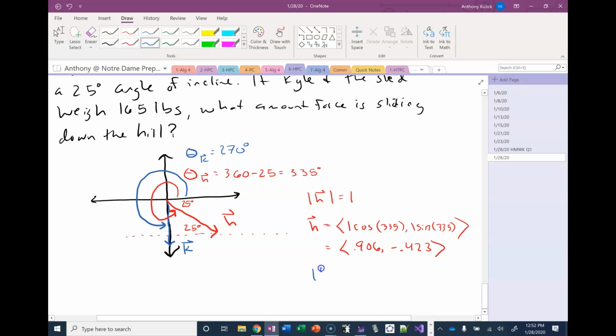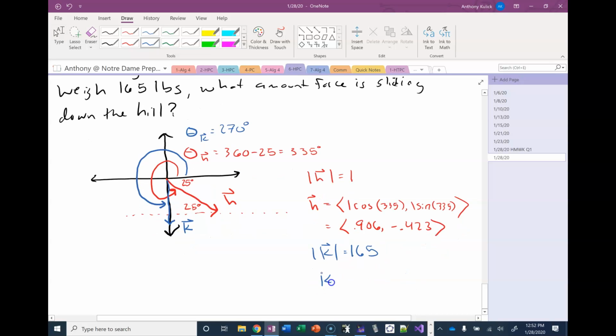Fantastic. And the magnitude for vector K is just the weight that's been provided, which is 165. So doing the same thing, I have 165 cosine 270, comma 165 sine 270, which comes out to be 0, comma negative 165. Probably not surprising based on the picture we just drew, right? Okay.